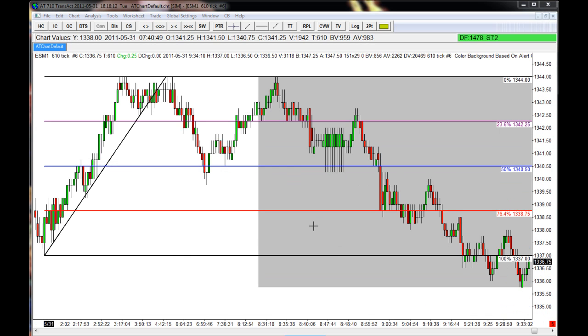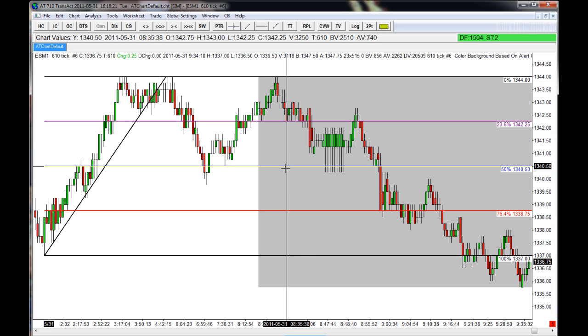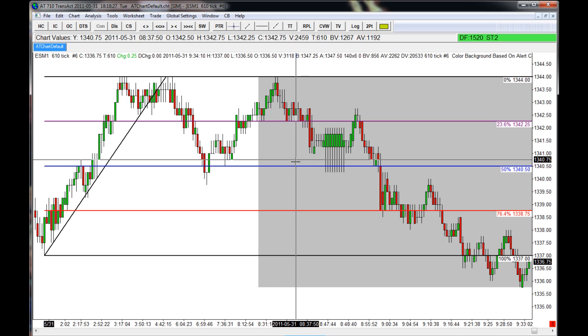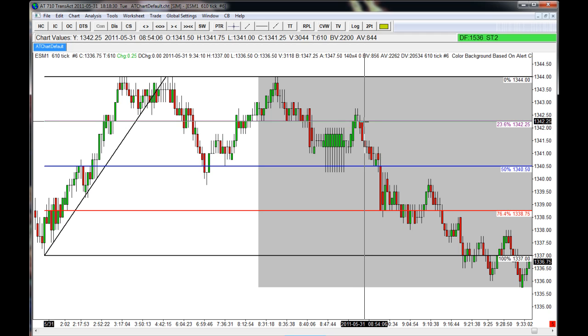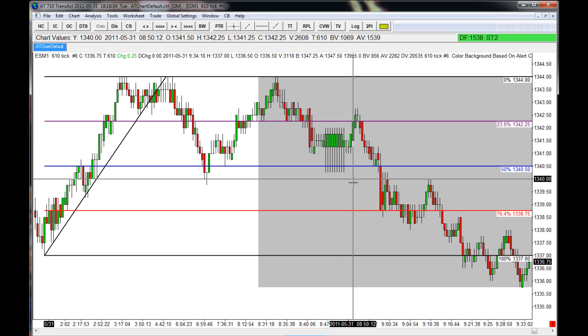Okay, and the other rule is something that has been explained before. That's that you're going to enter at the 50% level, front run by 1 tick, or if you want exactly at the 50% level, and you're going to place a limit order at 23.6% for your target and at 76.4% for your stop.